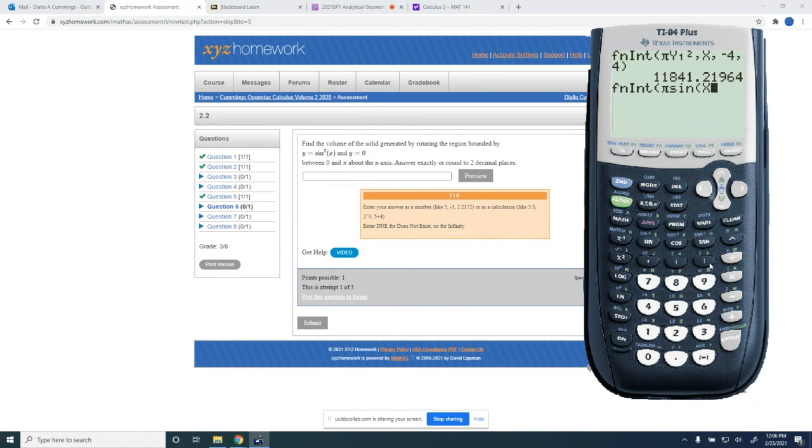So I want to put in sine x squared, comma, x from 0 to pi, and I'm sorry, I put that in incorrectly. Let me do that again. So this is function integration.